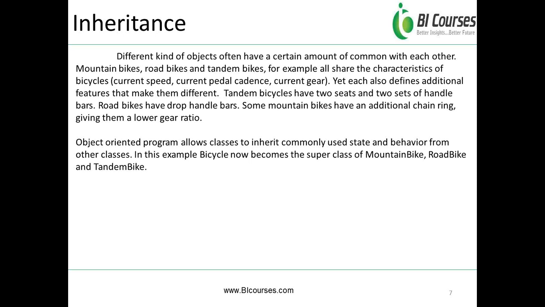So bicycle is one main class which has common properties like speed, pedal cadence, and gear. This object-oriented approach allows classes to inherit commonly used state and behavior from other classes.